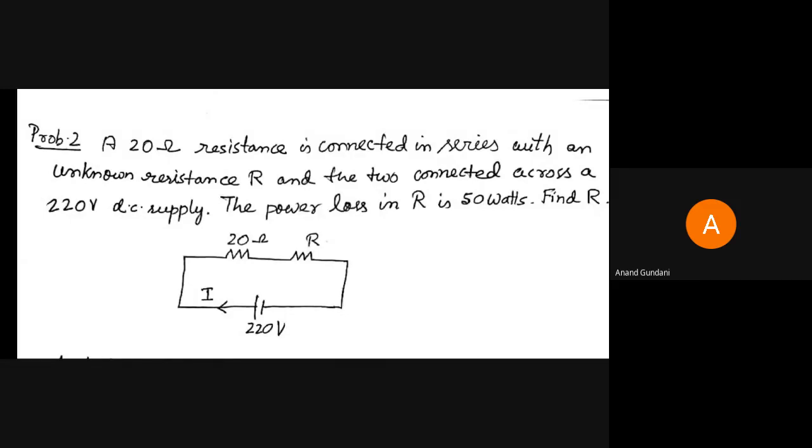So the total equivalent resistance will be the summation of these two, 20 plus R, because these are in series. Why are we calculating that? Because we want to calculate I. Why do we want to calculate I? Because we want to calculate the power loss. Power loss is already given, so we have to form equations of the power loss and current.